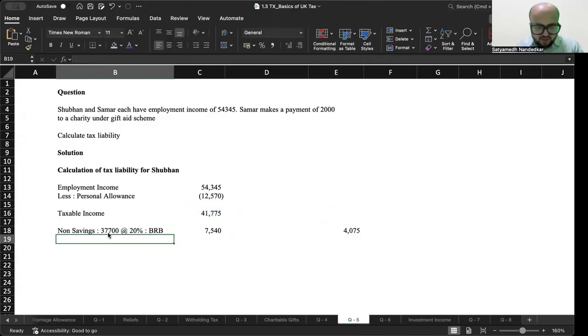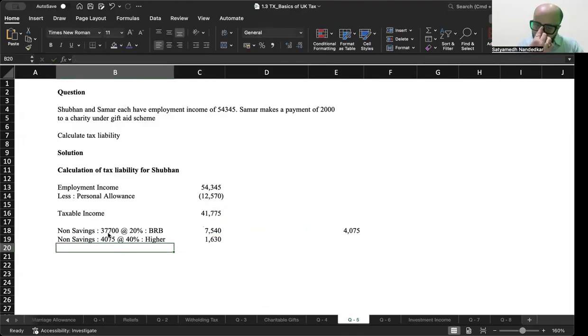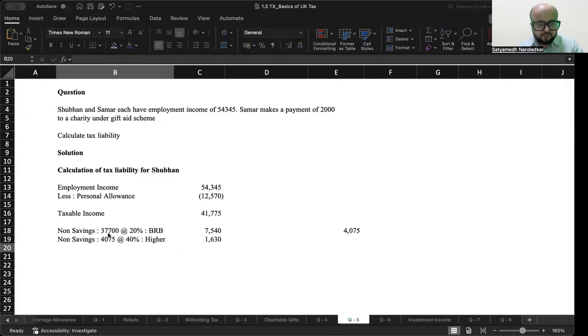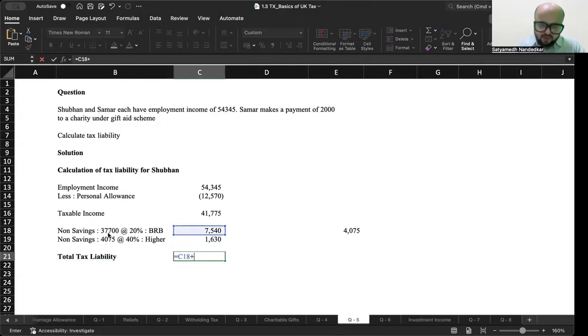So 4075 is left. Non-savings 4075 at the rate of 40%. This is the higher rate band. 4075 into 40%. So how much will be the amount of total tax liability? Total tax liability will be 7540 plus 1630.